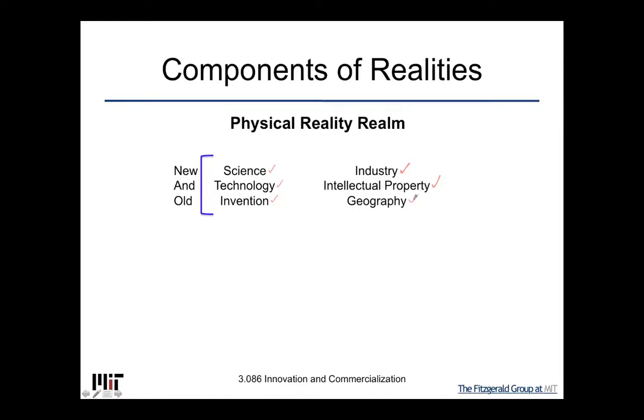Even geography, right? It's physical, but let's suppose there's some industry in China, and then there's some industry in the U.S., we already know that these are important factors on how innovation might proceed. And so certainly geography is physical, but it matters, right? So I purposely have listed, and of course here too, you have new and old as well.